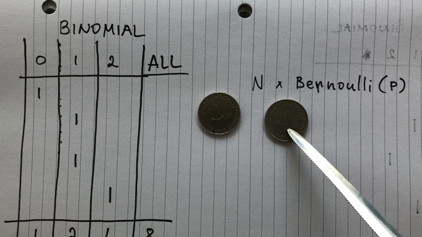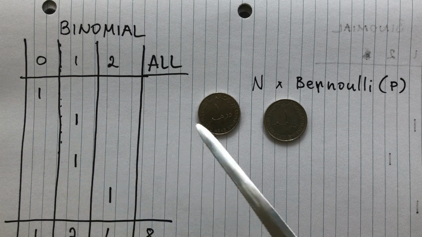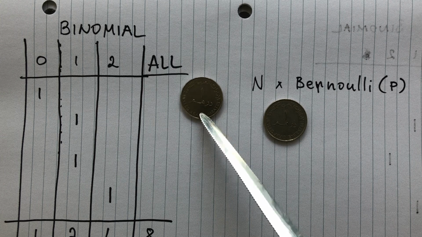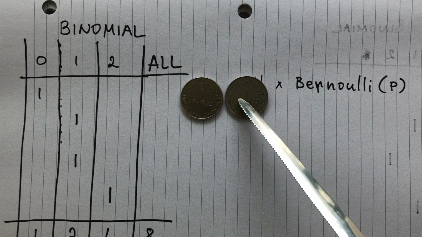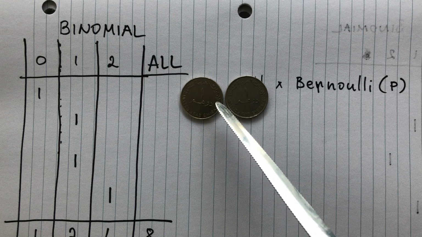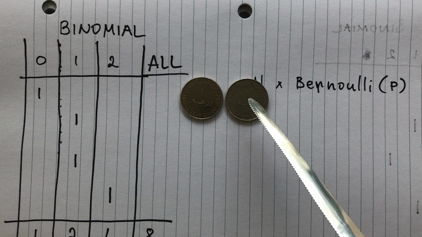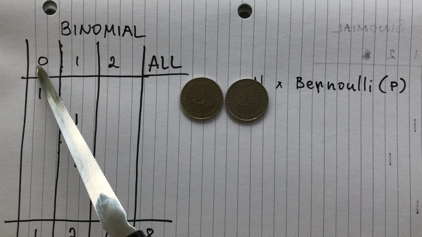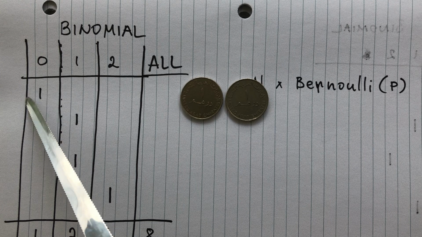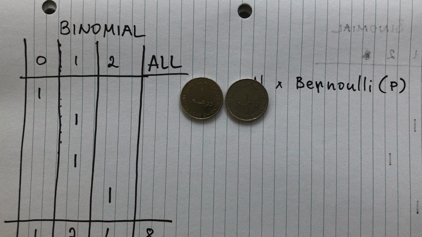Look, they're both tails, so there's no heads here, and that corresponds to one of the possibilities, right, where we have 2 coin tosses, and then they rendered no heads, only tails, 2 tails, right? 2 tails means 0 heads. 0 heads, so we're counting at 1. So we found one combination when there's no heads.